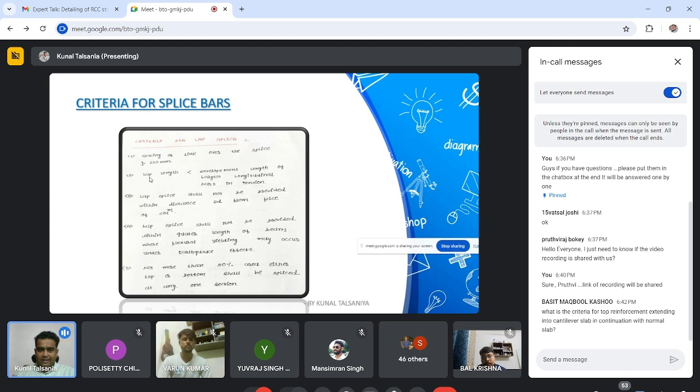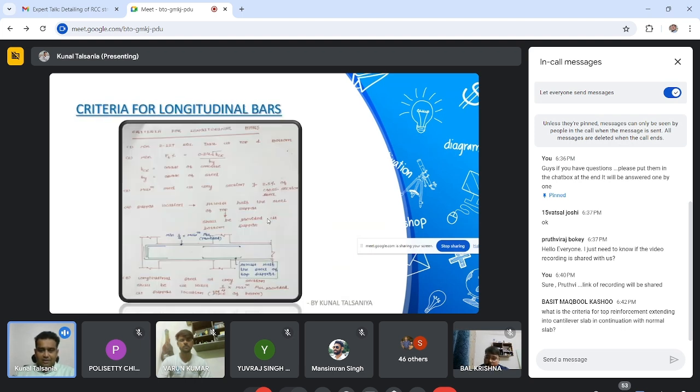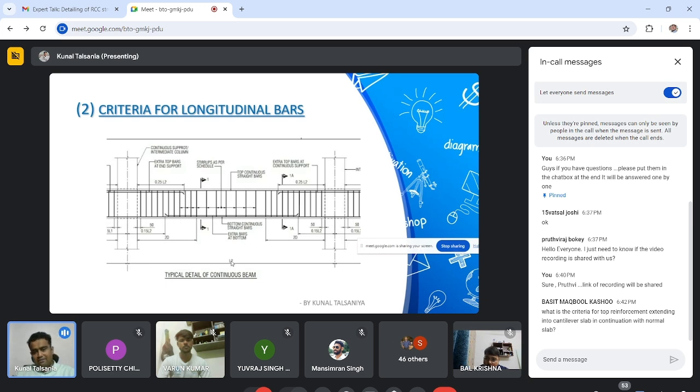Another criteria is lap length shall be less than development length of largest longitudinal bars in tension. Lap splice shall not be provided within distance 2D from the face of column. What is the 2D distance? This is the confining zone. 2D is defined as a confining zone.